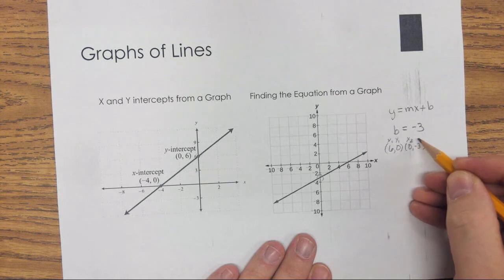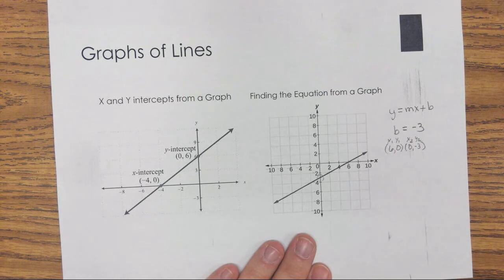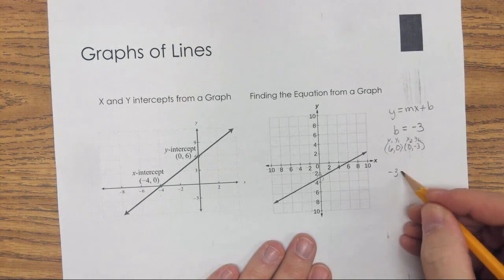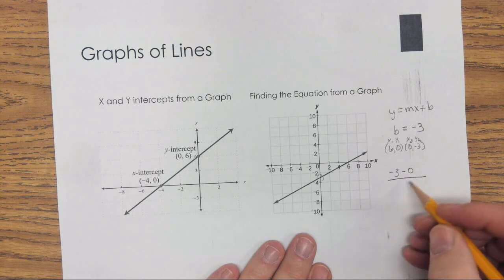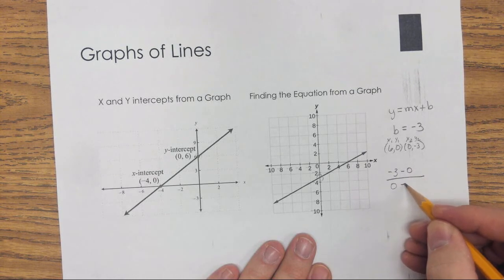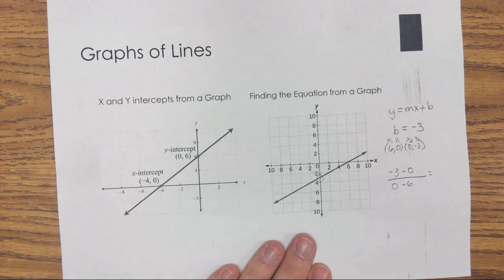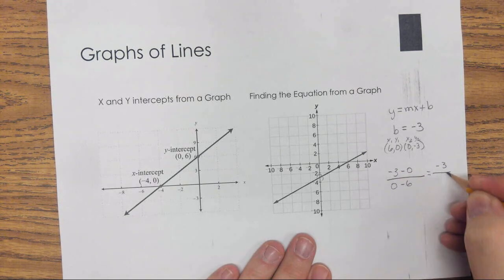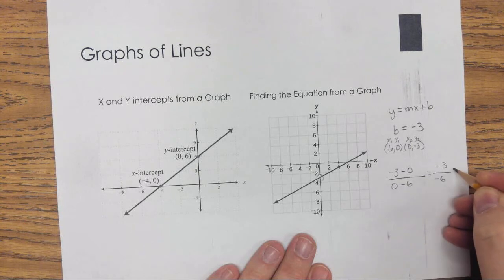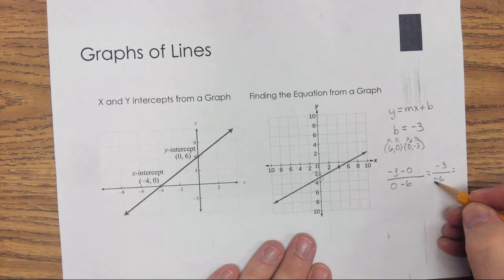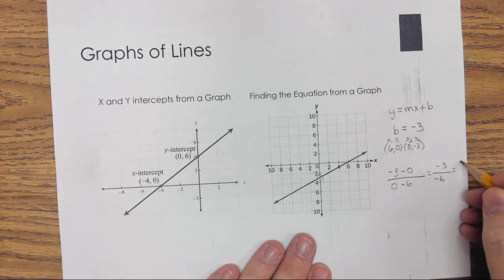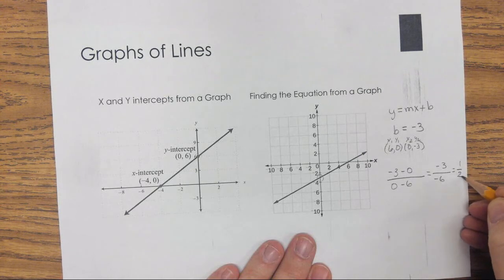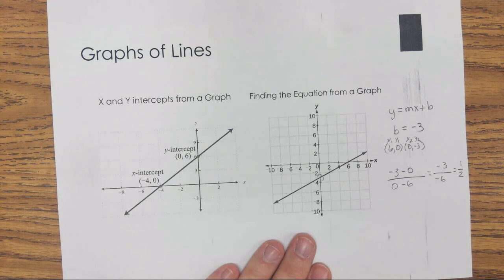This is x2, y2. So -3 minus 0 over 0 minus 6 equals -3 minus 0, that's -3. 0 minus 6 is -6. Negative into negative makes it a positive, reduces to 1/2.